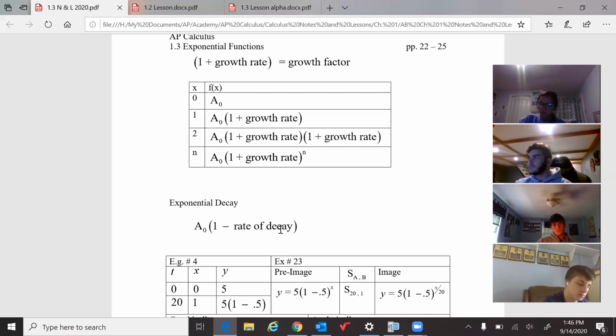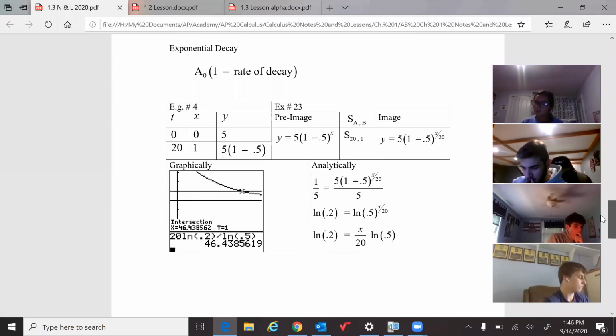So we're going to example 4, which is on page 24. It says the half-life of a substance is 20 days, and there are 5 grams present initially. When will there only be 1 gram remaining? So here's what we got, this T-chart.